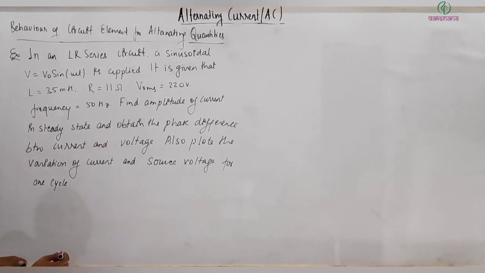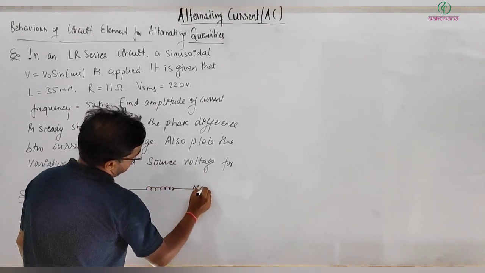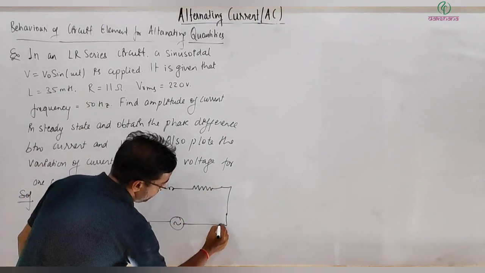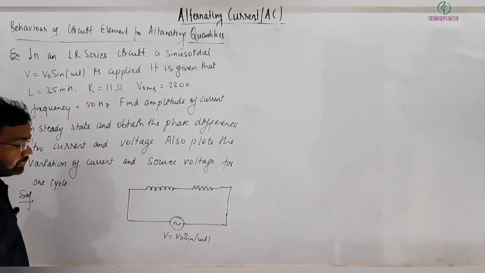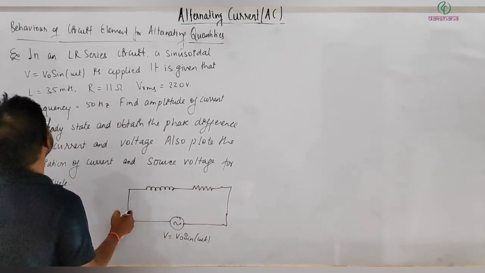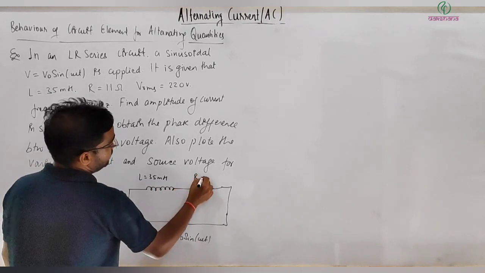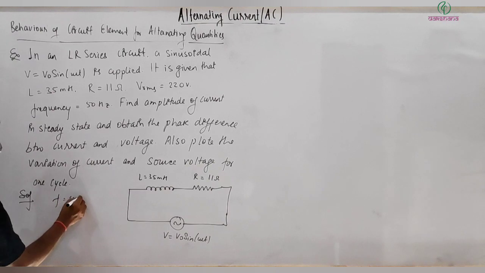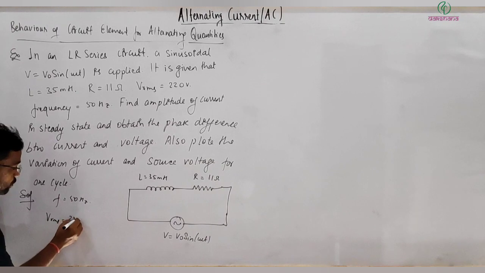So in an LR series circuit, let me keep writing it simultaneously, V equal to V naught sine omega t. Here L is equal to 35 millihenry, R is equal to 11 ohm, frequency is 50 hertz, and VRMS is 220 volts.